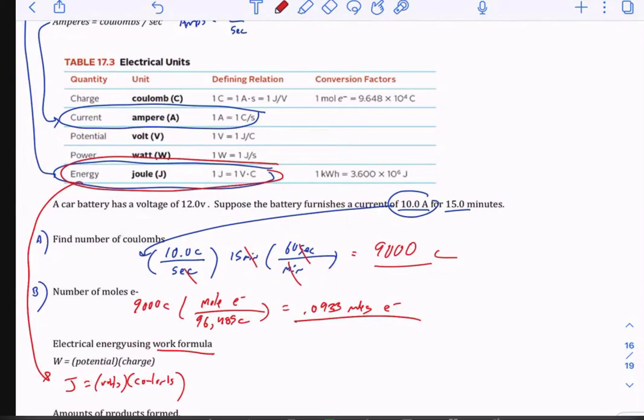Do we have the volts? I didn't calculate the volts. Where am I going to get the volts from? It's given. So 12 volts times 9,000 coulombs. A volt is a joule per coulomb, in case you're wondering unit-wise how that works out. So 12 times 9,000 is 108,000 joules.